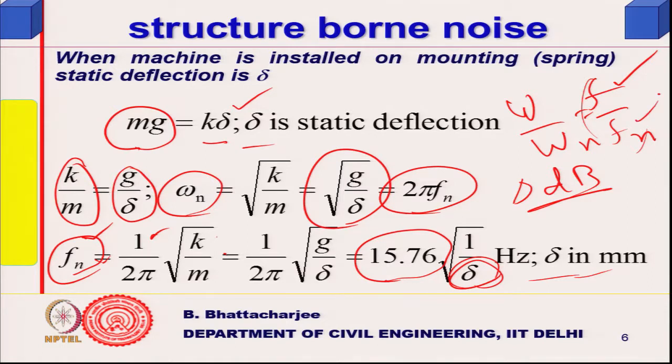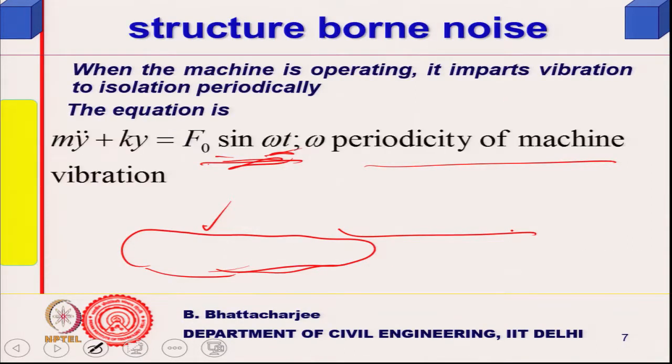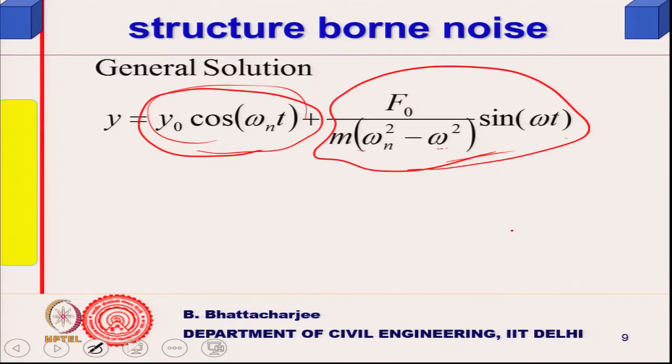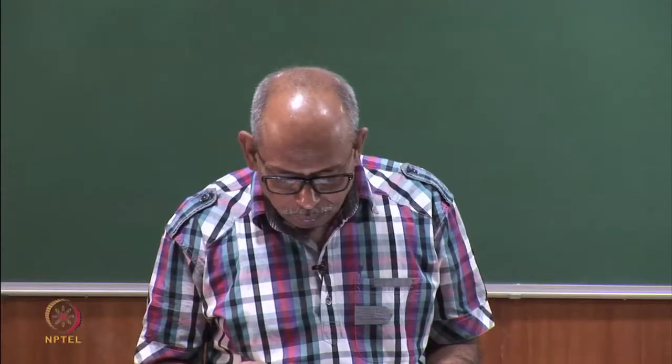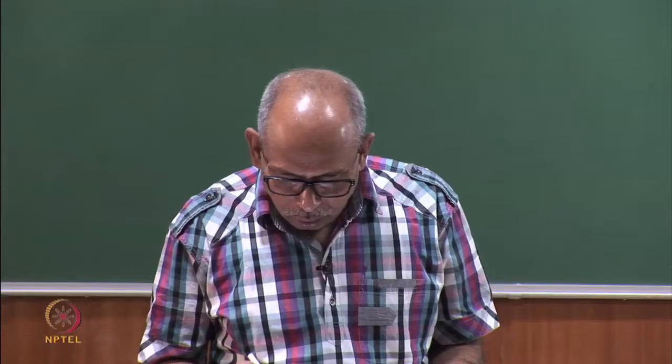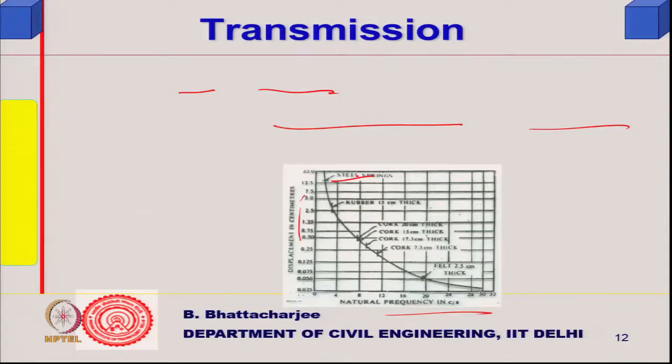You find out F n, and choose an isolator which will have the deflection required for F n, because F n is equal to this deflection. So, under the machine load the deflection should be this. You can choose materials like, as I am showing you, cork board, steel springs, rubber 15 centimeter thick, felt, and so on.